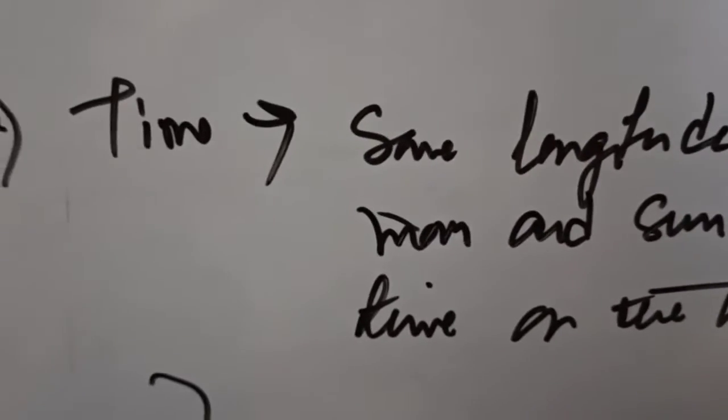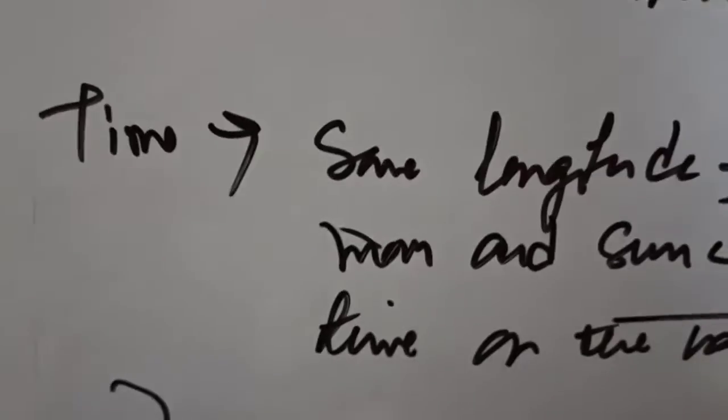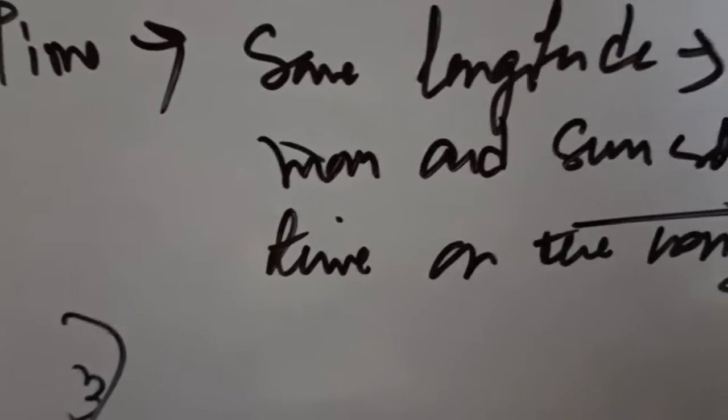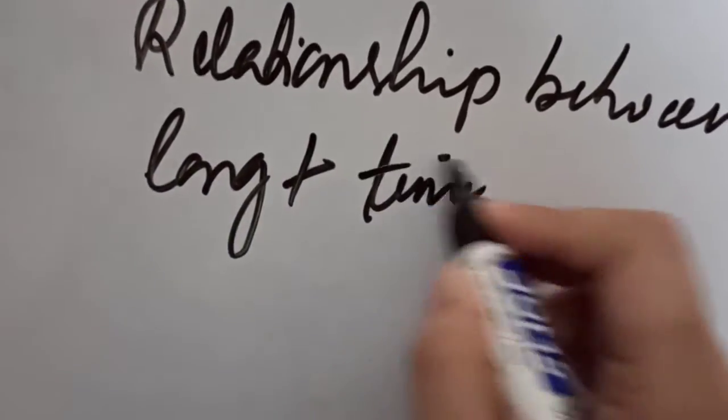Last one is that longitudes are very much helpful in the calculation of the time of any place on the earth's surface. The relationship between the longitude and the time is very helpful for us. Why is it very helpful for us?